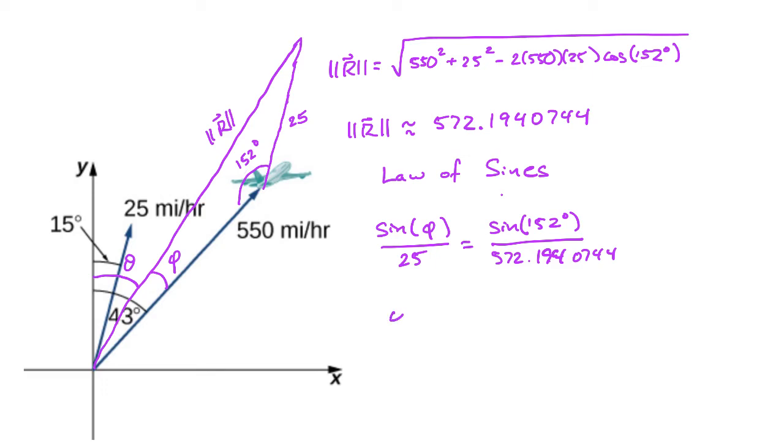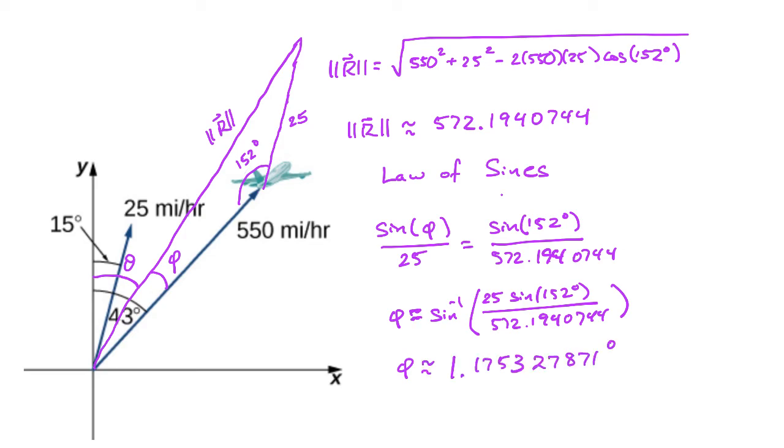So phi is approximately the arc sine of 25 times the sine of 152 degrees divided by 572.1940744. This gives us a value of phi that is approximately 1.175327871 degrees.